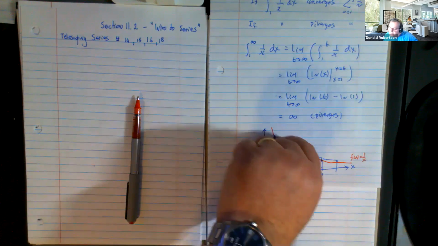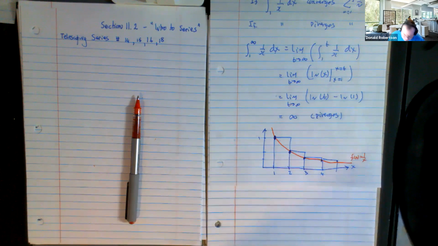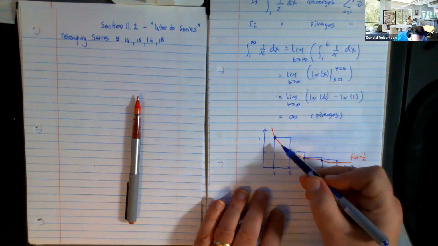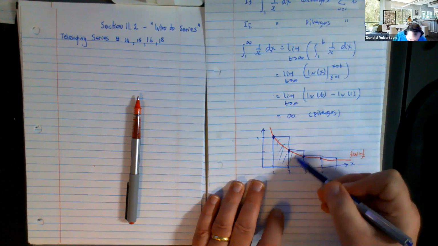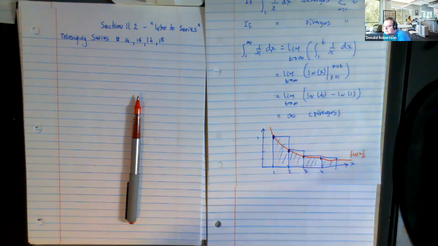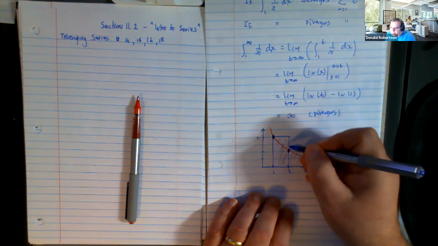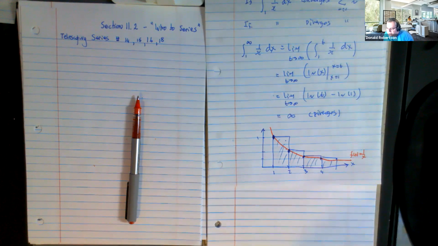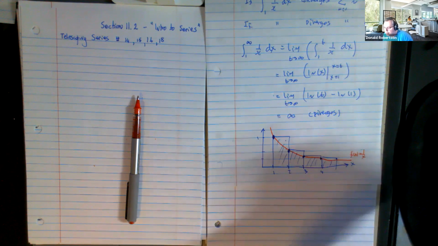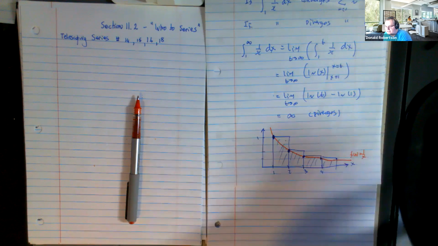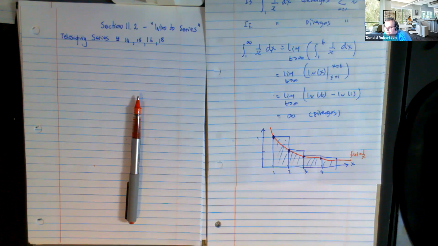Now, if the area under the curve is a finite number like 4, won't all these rectangles add up to a number that's also finite, but won't it not be 4? Won't it be a little bit different because the rectangles aren't the same as the curve? So that's why it's not a perfect match. What it does tell you, which is all you're really interested in, is yep, it's going to converge to something, or nope, it's diverging because it's infinitely big.